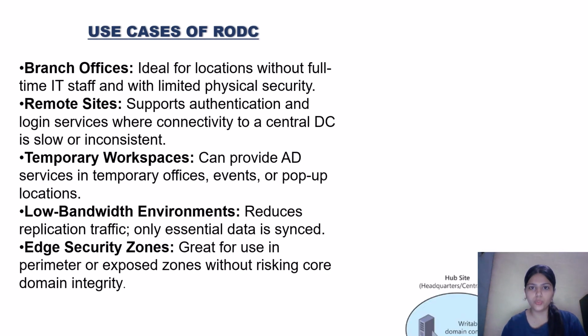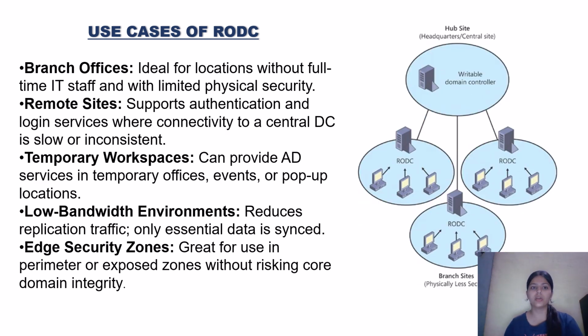Now, these are some of the use cases of RODC in branch offices. For example, if a company or any setup has branches in various locations, they can do their authentication by RODC. On remote sites, it supports authentication and login services where connectivity to a central DC is low.